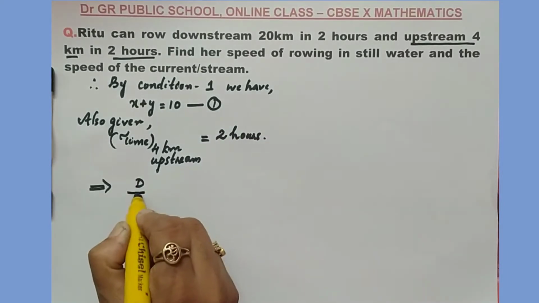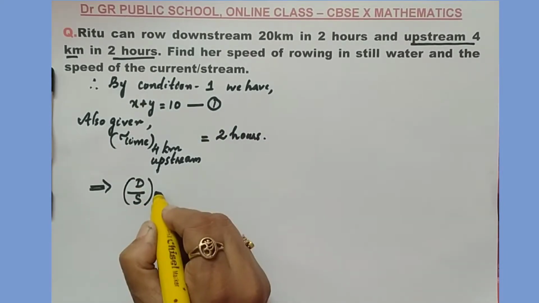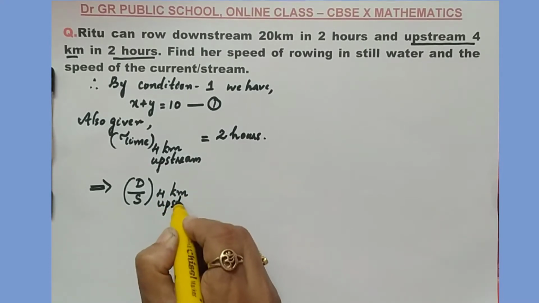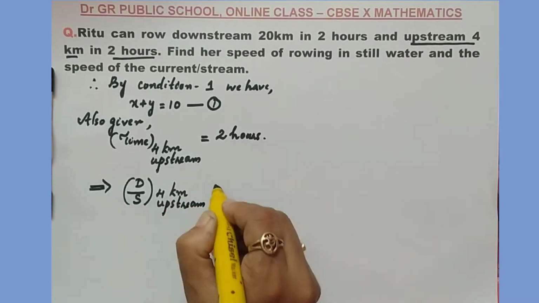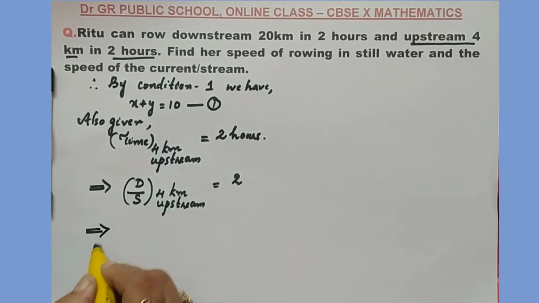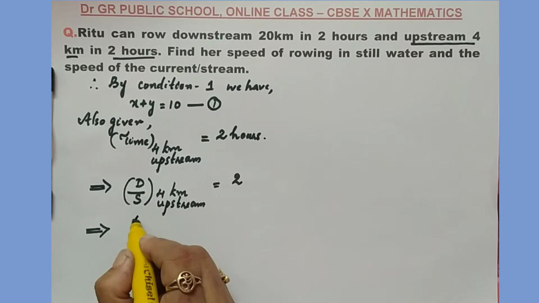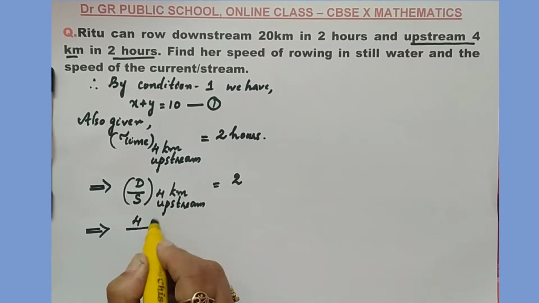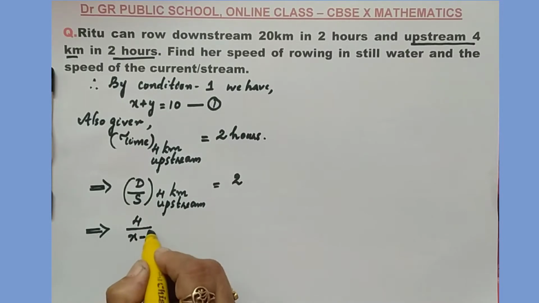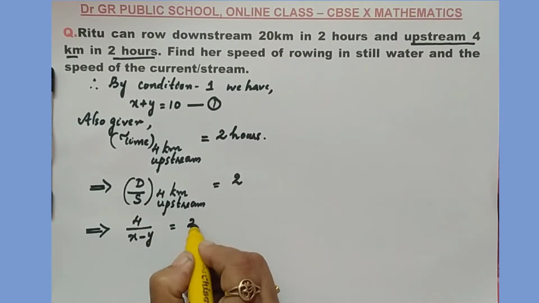Time means distance by speed. Substituting the values, distance is 4 by upstream speed. What is the speed for upstream? x minus y, which is 2.